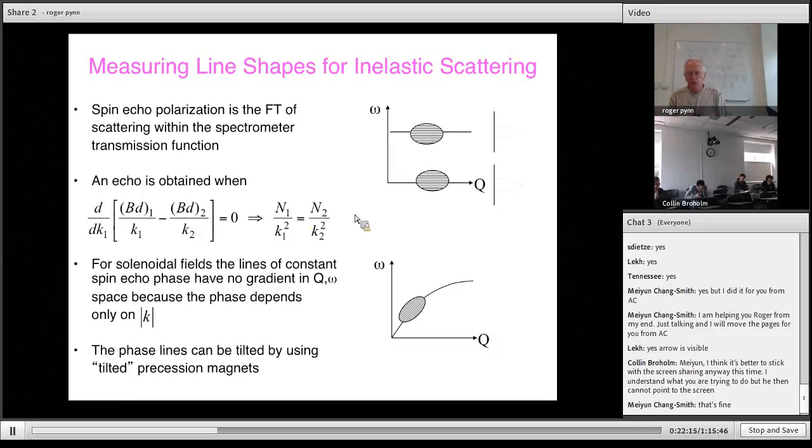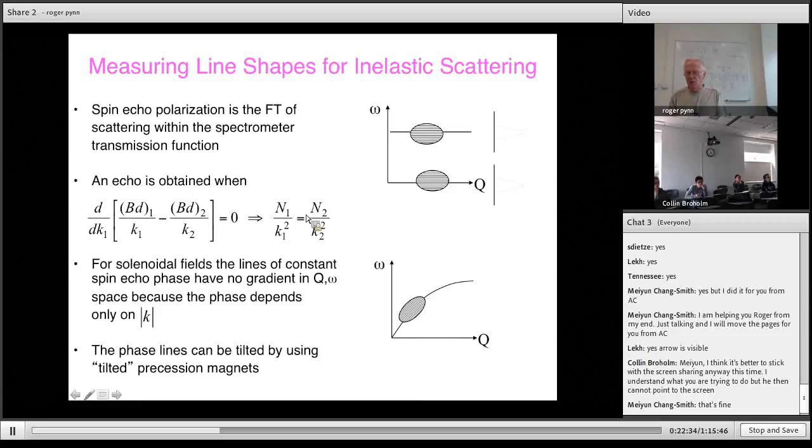So what do I mean by set up the instrument? Let's suppose I choose a value of K1, which is the incident wave vector. Suppose I've got 4 angstrom neutrons coming in on my instrument, for example, and then K1 is just going to be 2 pi over 4.